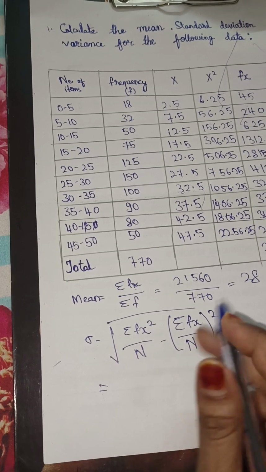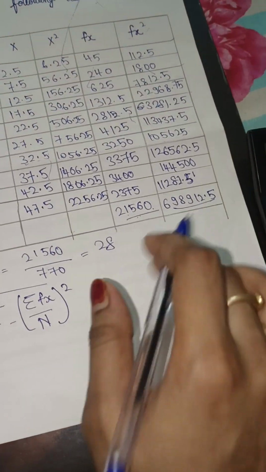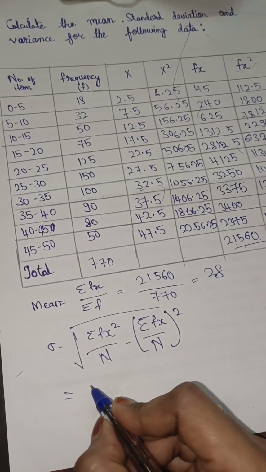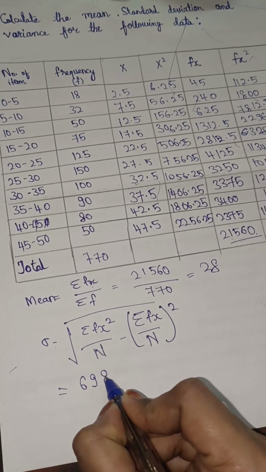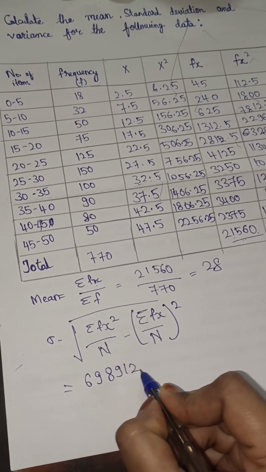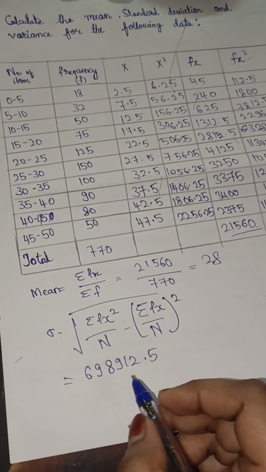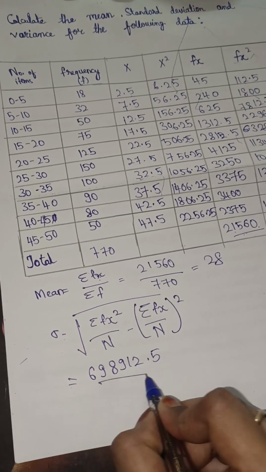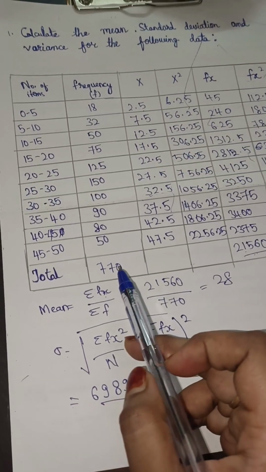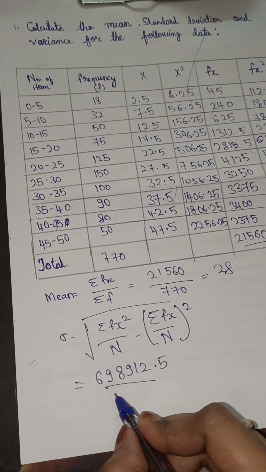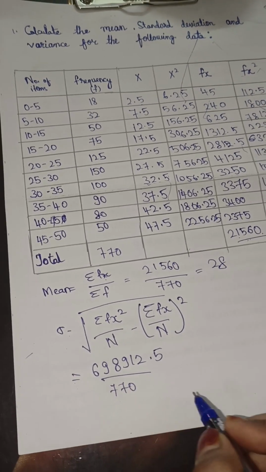So here sigma fx square will be 6,98,912.5 divided by n, which will be the sum of frequency, which is 770.